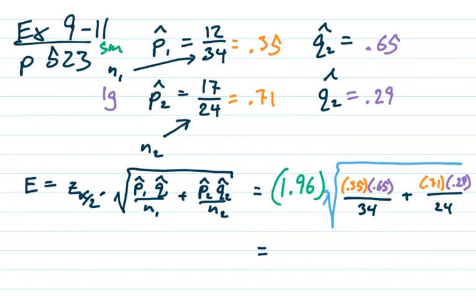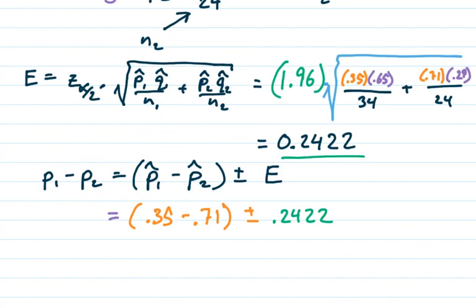So 1.96 times the square root of the whole entire quantity, 0.35 times 0.65 divided by 34, plus 0.71 times 0.29 divided by 24, works out as 0.2422. So there is our margin of error.